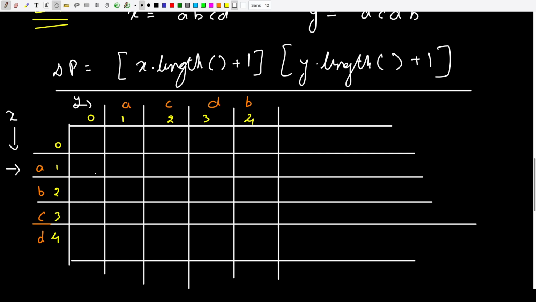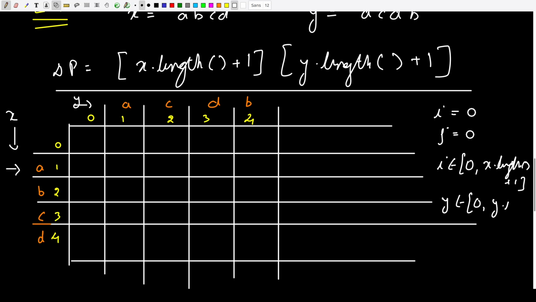Once we have this, we are going to compute the LCS for the cases where either i is equal to 0 or j is equal to 0. So essentially we'll have two counters where i is equal to 0 and j is equal to 0, and i will range from 0 to x.length plus 1. Similarly, j will range from 0 to y.length plus 1.